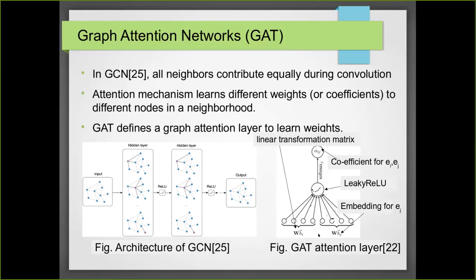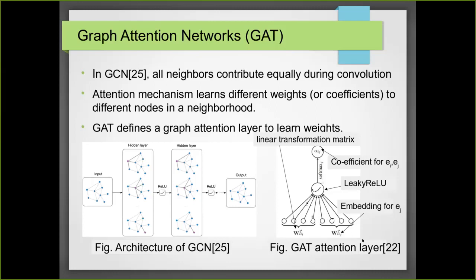This is an example of an attention layer, where h_i and h_j are embeddings of two nodes, and W is a linear transformation matrix.